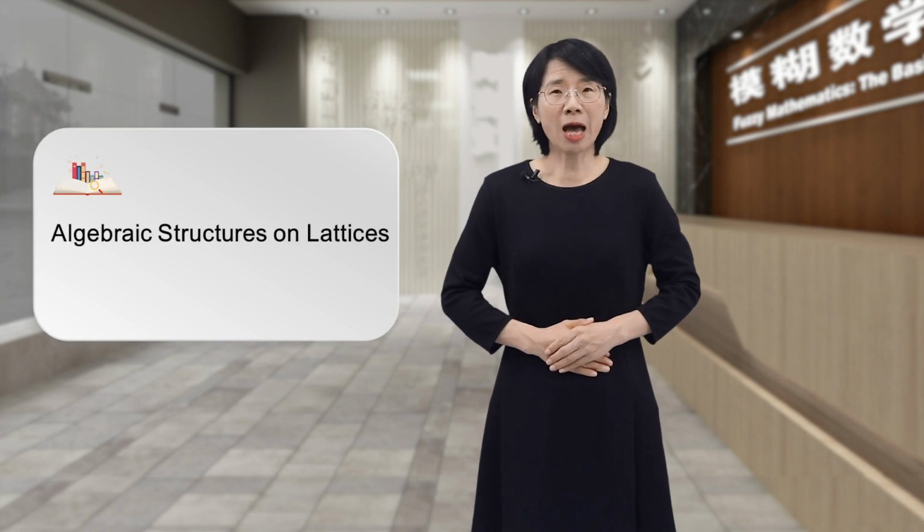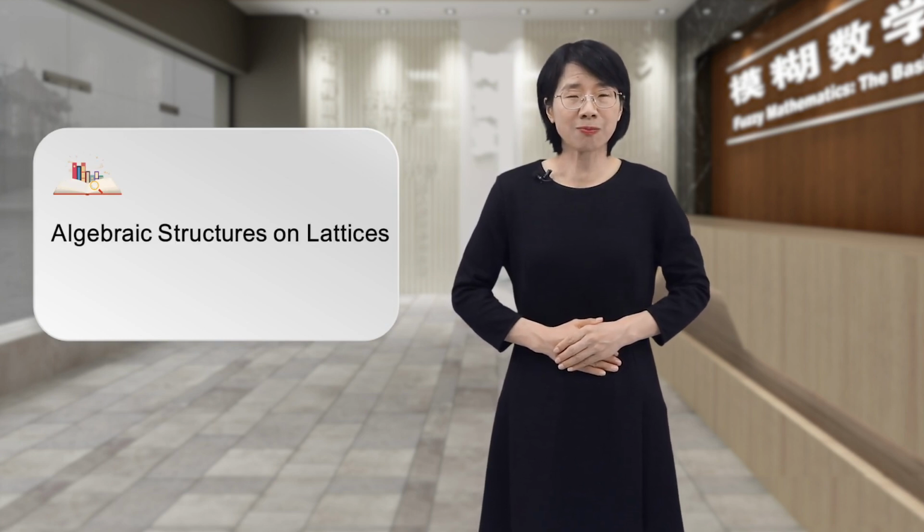We know that a lattice is a partially ordered set in which every pair of elements has both a supremum and an infimum. Next, we are going to talk about the algebraic structure on lattices, which is the main topic of the latter part of this lecture.